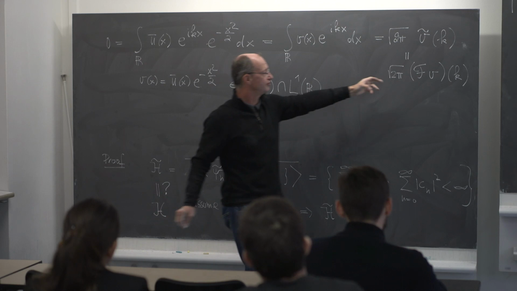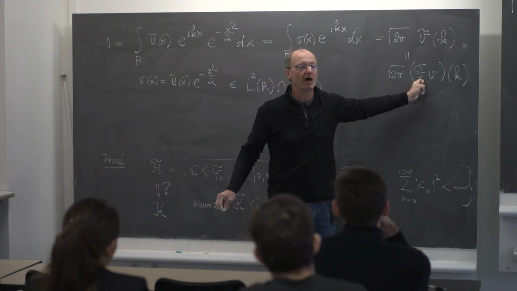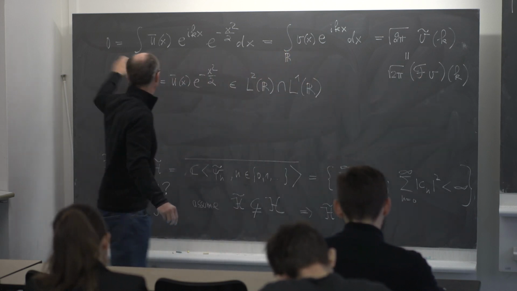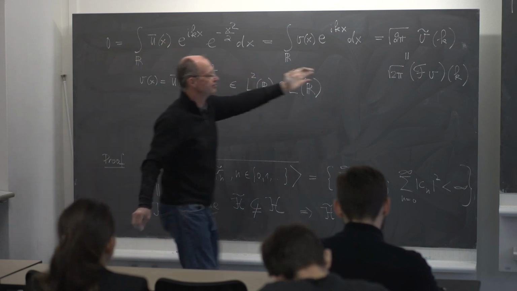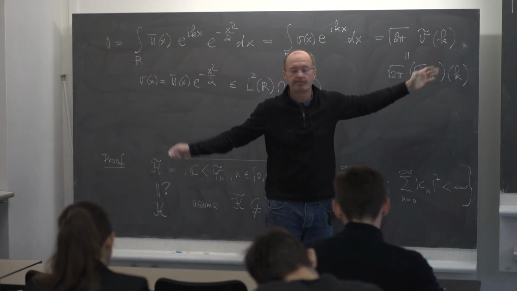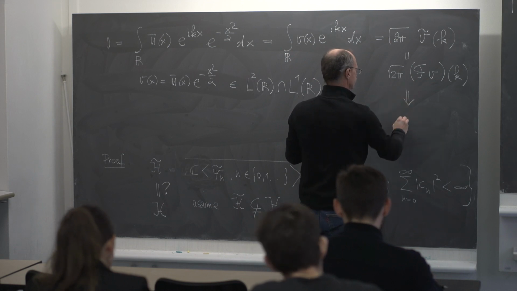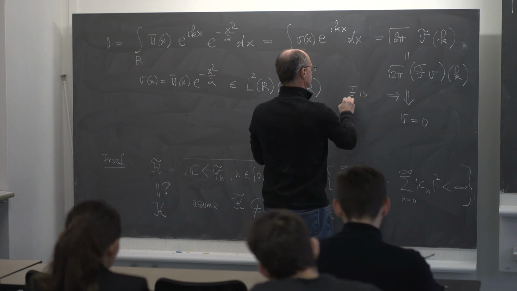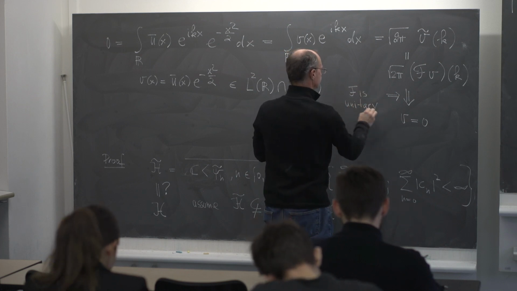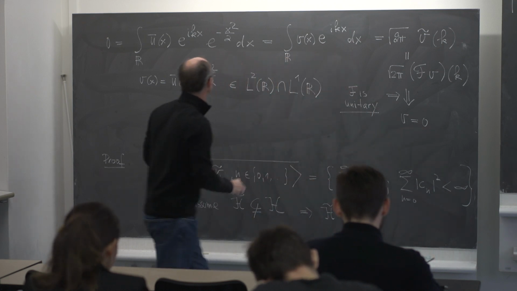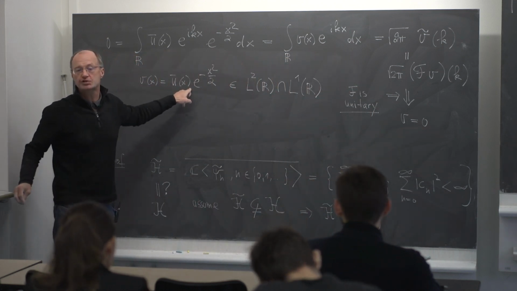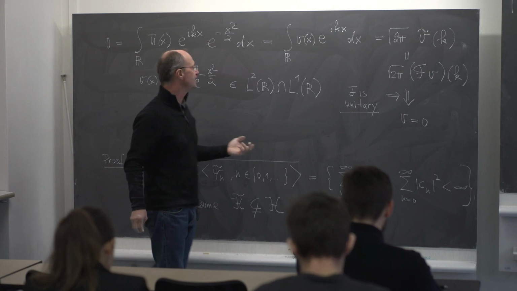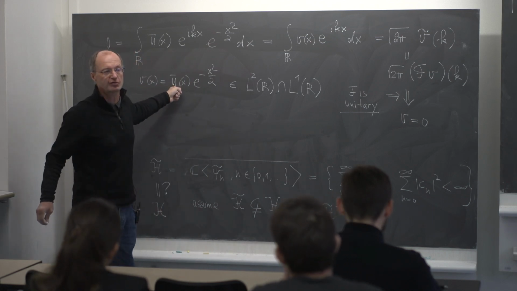But recall that the Fourier transform on L2 is a unitary operator. So the image of v under that unitary operator is equal to 0. But this means that v was equal to 0 to start with. And if v was 0 to start with, this means that u was 0 to start with. Because v is 0 almost everywhere, this means that u is 0 almost everywhere.